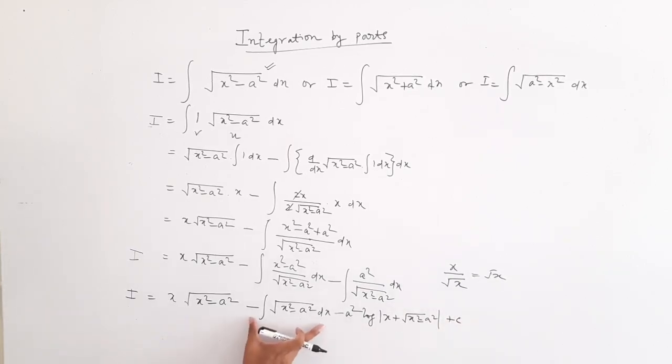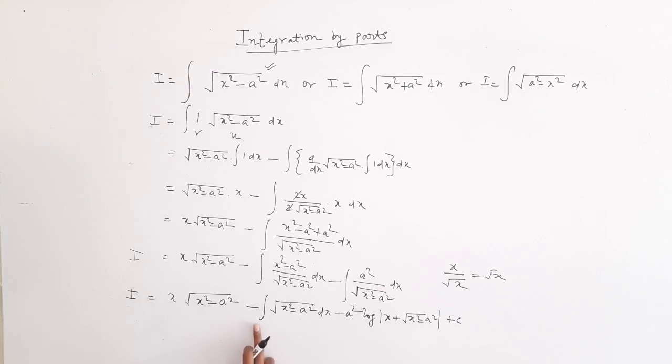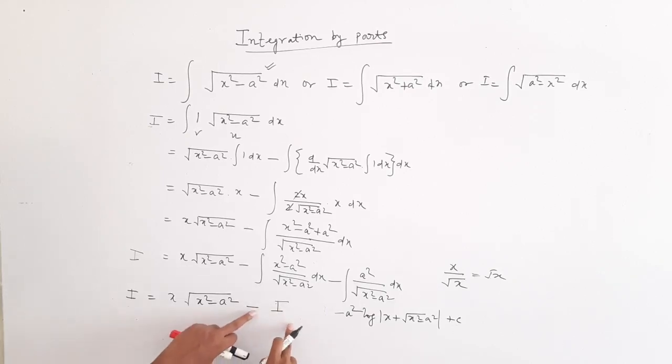Now this I, I can take on this side, so this becomes 2I. Understood? Because this is I. So here just pay attention. Now I remove all this, and at this place I write this as I, and then this minus I goes on this side, so this becomes 2I.